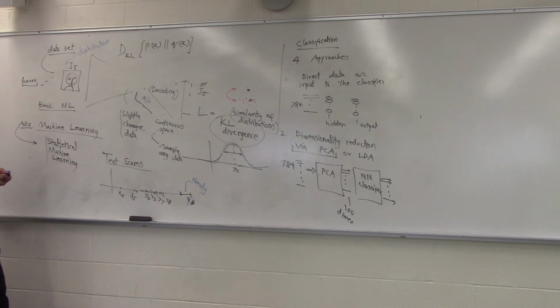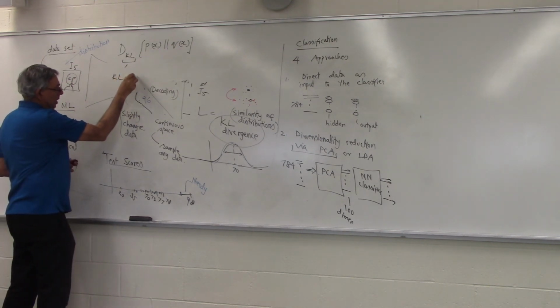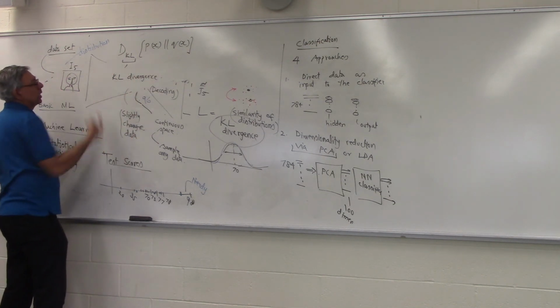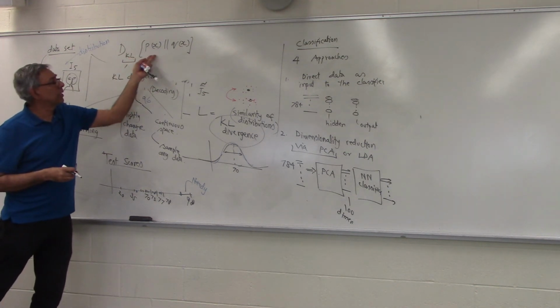So KL basically means KL divergence. D is for the distance, or divergence, however you want to think of it. So these are the two distributions.